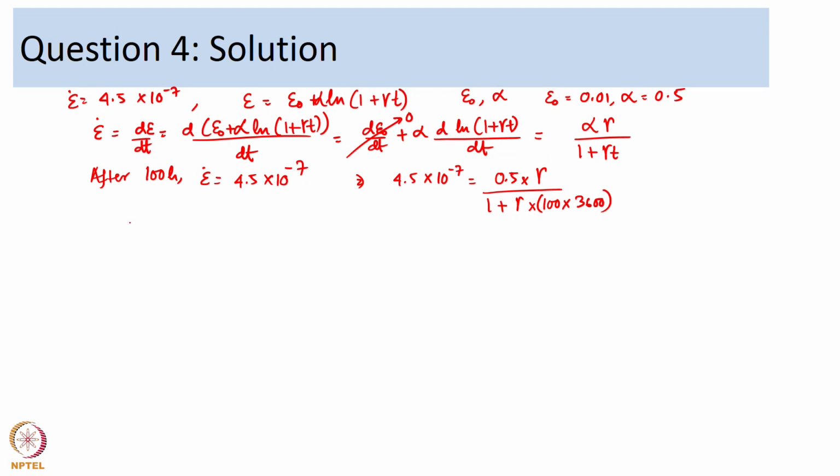So, this will give us gamma. So, 4.5 into 10 to the power minus 7 plus gamma into 100 into 3600 into 4.5 into 10 to the power minus 7 is equal to 0.5 into gamma.